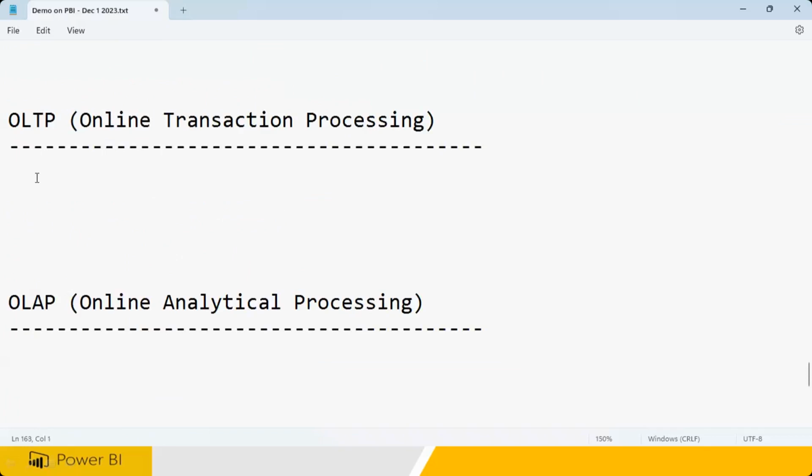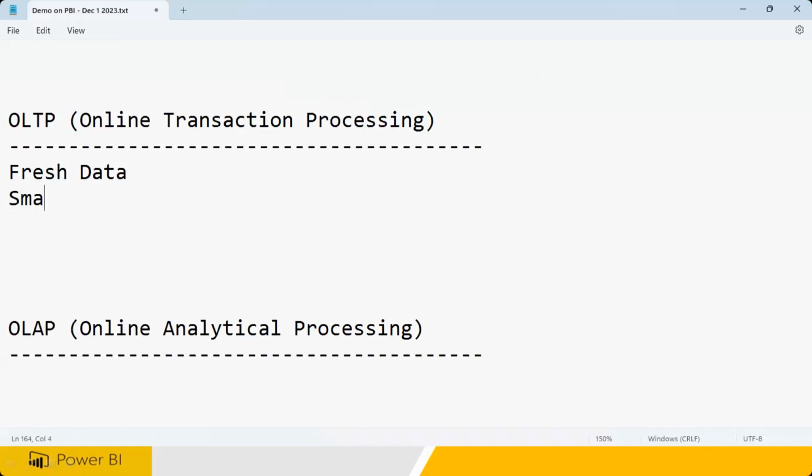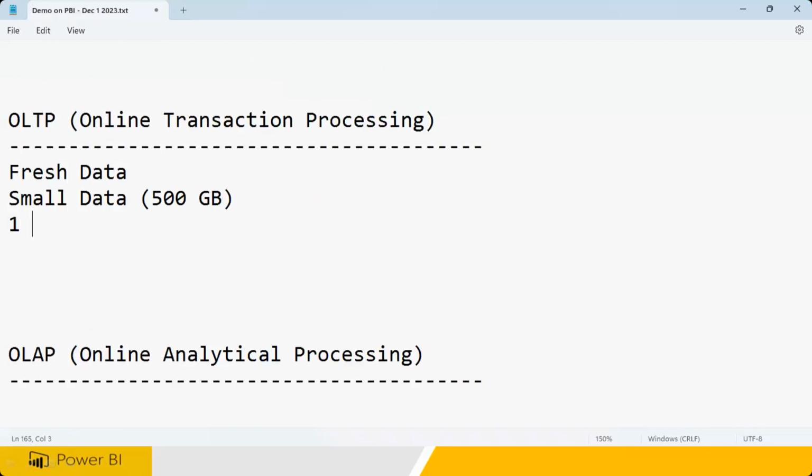So I'll be talking about what is OLTP. Wherever there is fresh data, wherever there is small data, the data is in GBs, around 500 GB or less than 1 terabyte of data. 1 terabyte is equivalent to 1024 GBs, or you can say roughly 1000 GB of data, right?